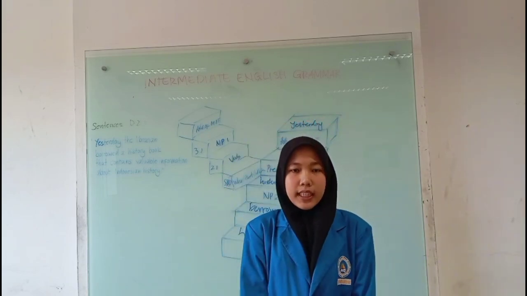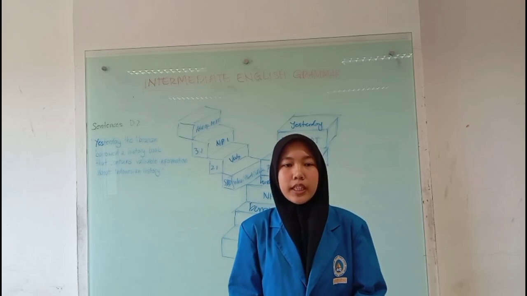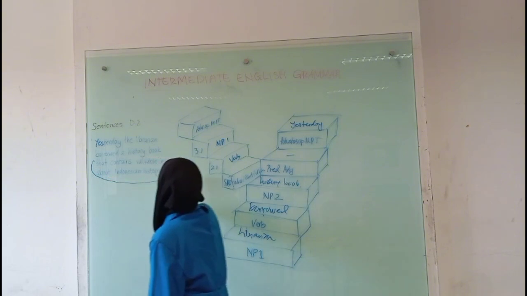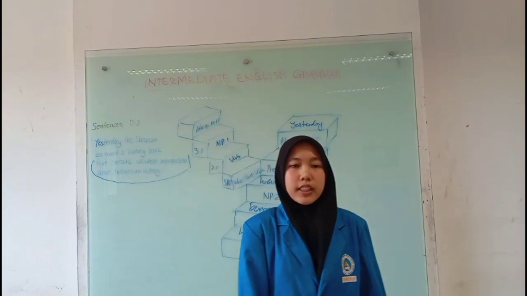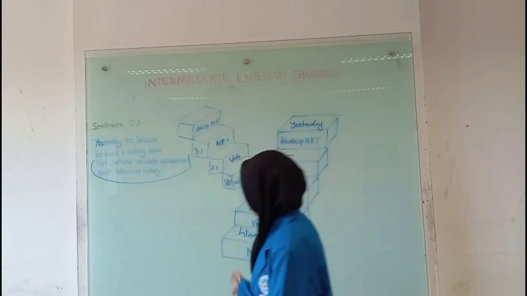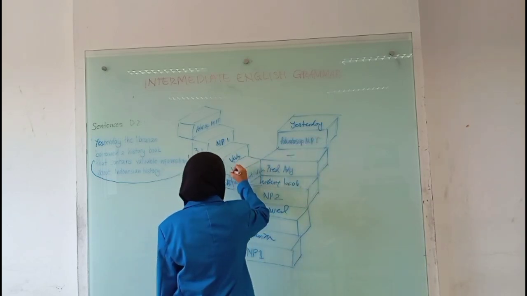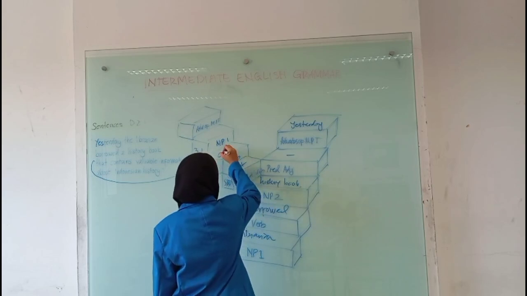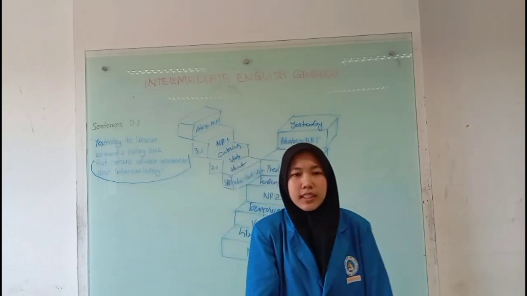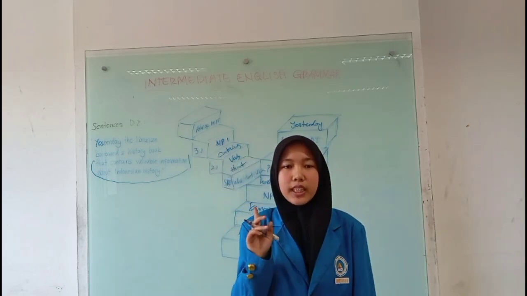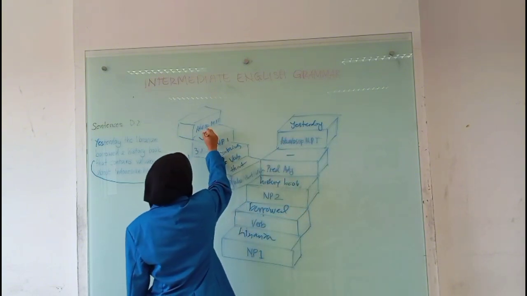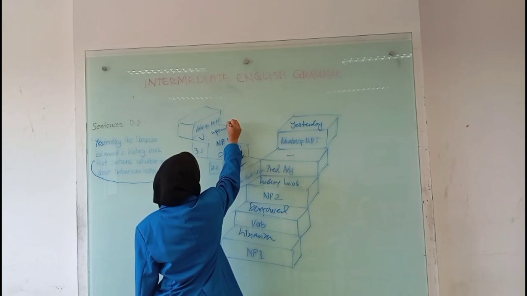At SVD, I choose the relative pronoun that because a history book is a thing. At stair 2.1, I add the verb contain. At stair 3.1, I add the object, valuable information.